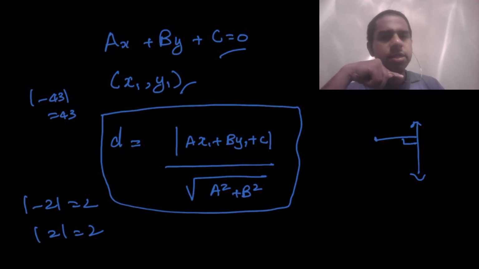You can see this distance formula in the NCERT book, and you can also refer to the derivation. I'm not going to do the derivation here because it's kind of big and somewhat unnecessary. But I'll give you a hint: while solving the derivation, there is a step where you get the area of the triangle.